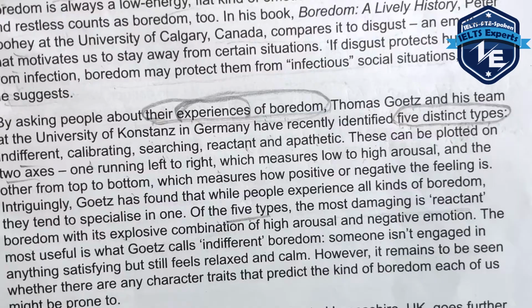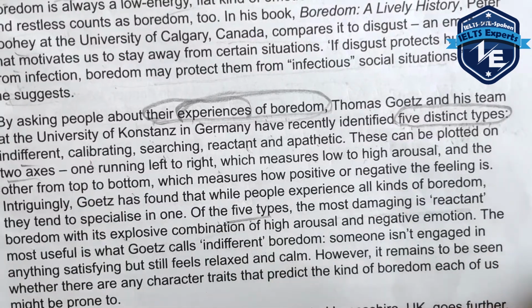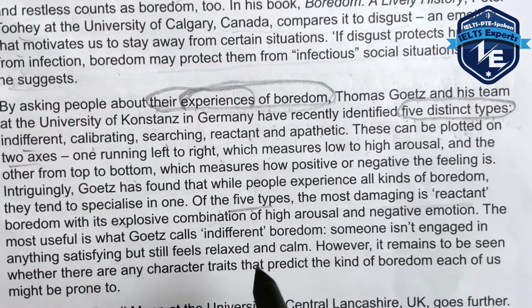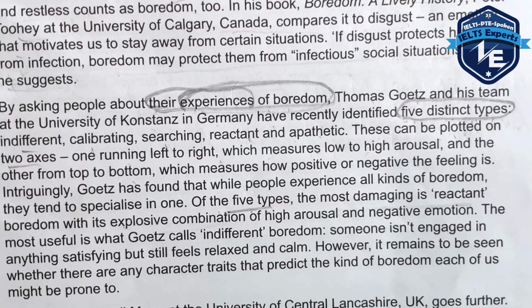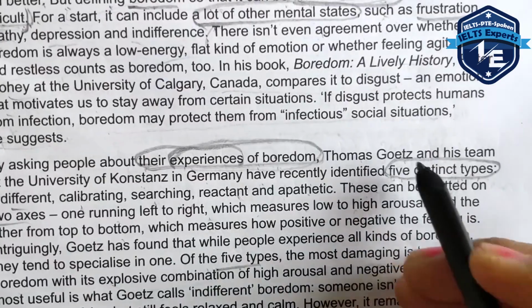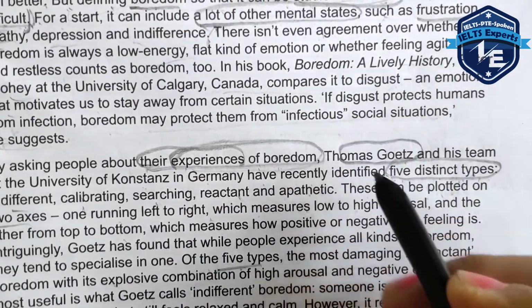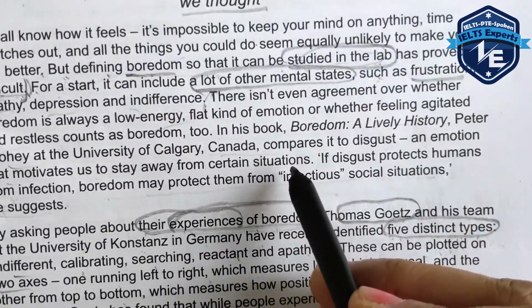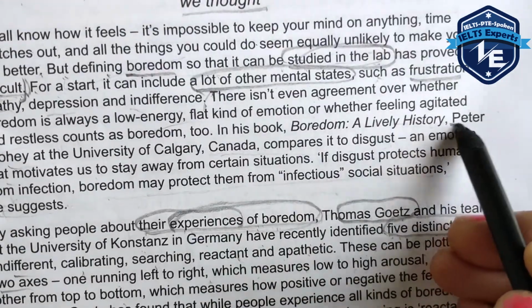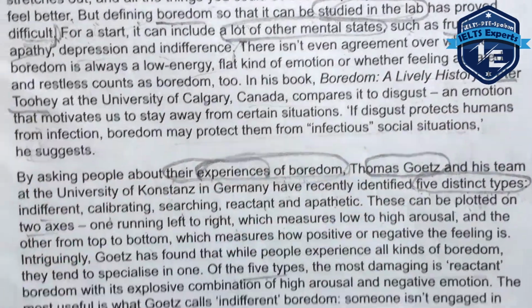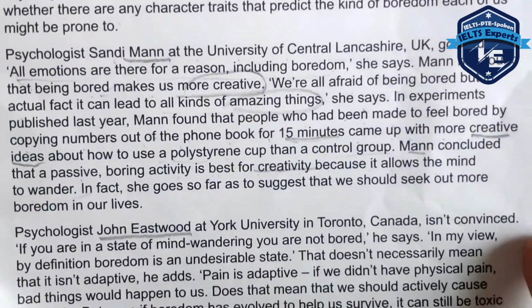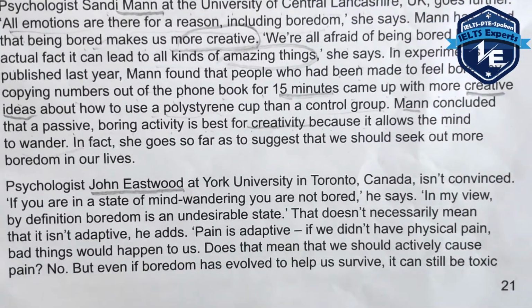In this paragraph, as we know, we have to find the writer's view with the correct options in the next type of question. So side by side, please underline the writer's name. Here Peter Toohey is given. Okay, let's go to the D paragraph.